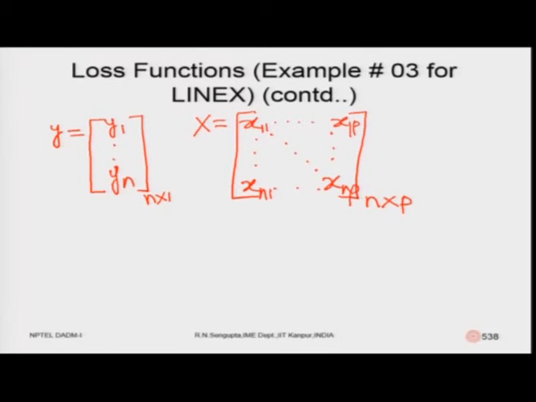Similarly, the extreme left down value, which I am now highlighting, which is x n 1, is basically the value of the first random variable, its nth value. Similarly, the last one, which is the cell n comma p, is basically the nth value for the pth random variable.